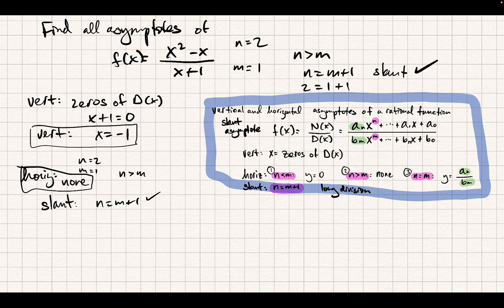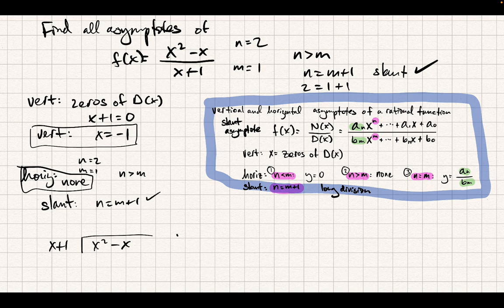So you would do x plus 1 on the outside, and then your square thing, x squared minus x. You take your first terms: x squared divided by x is x.